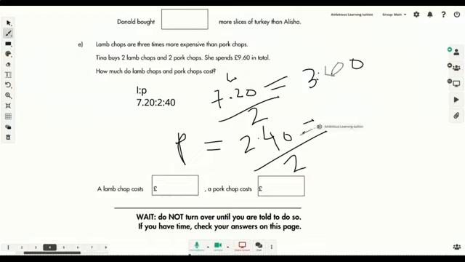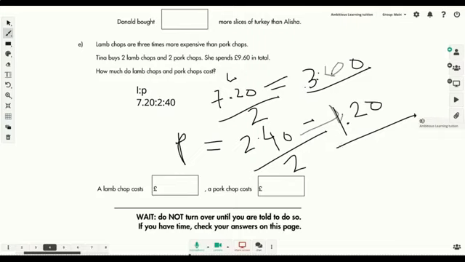So divided by 2, that would be £1.20. So the first one, £3.60, is the cost for lamb, and for pork, £2.40 divided by 2 is £1.20, the price for pork.